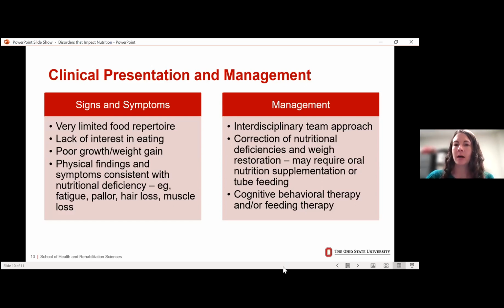Our management: there's not a lot of evidence-based management around ARFID, but I think there's a consistent thought that an interdisciplinary team can be very effective, just because there can be medical complications from this.